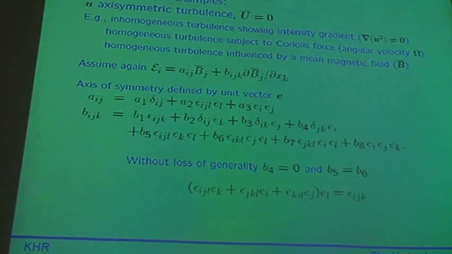The B4 term acts on the Bj over dk and produces just the divergence of B, which is 0. So we can forget this term. And due to relations between the epsilon tensors and unit vectors like E, we may equate B5 and B6.